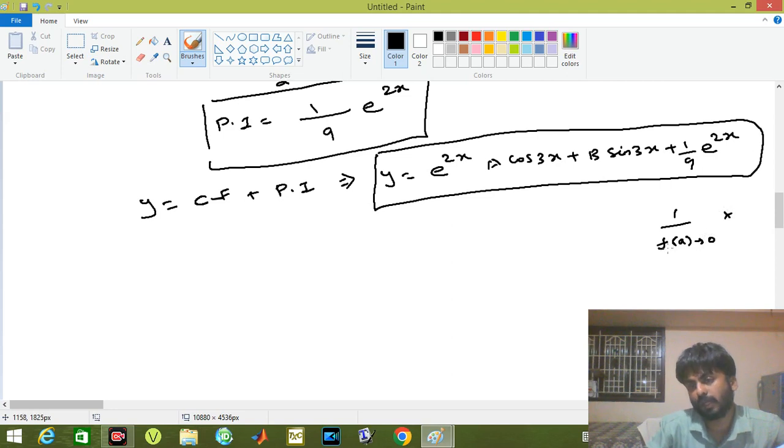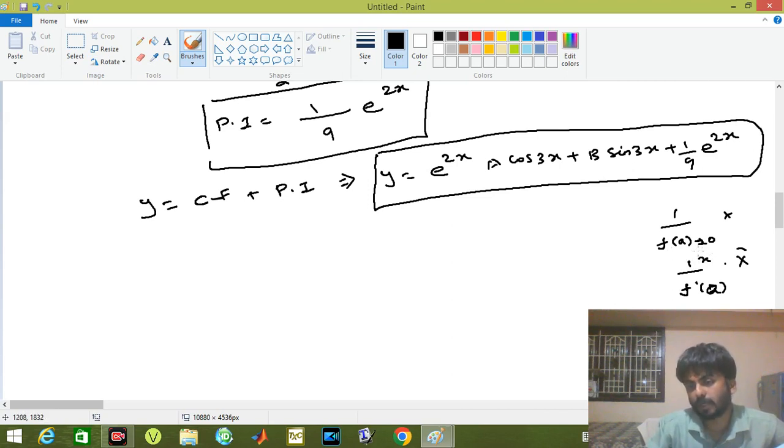1 by f of D when D is replaced by a and f of a becomes 0, that is f of a equal to 0, means you have to differentiate the denominator with respect to D and replace it by a, so it becomes 1 by f dash of a, and you have to multiply the numerator by x. Capital X may be any function, but you have to multiply it by small x.